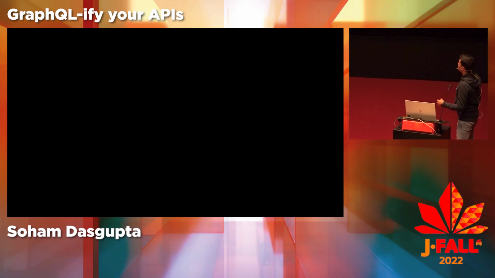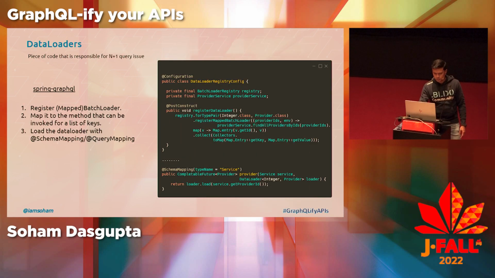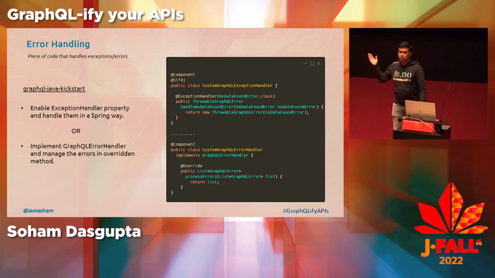So how do you implement it in GraphQL Java? You need to implement a class which has different attributes, and you can pass it along if this happens somewhere. In Kickstart, they give you two options. You guys are aware of exception handler, controller advice in Spring Boot?